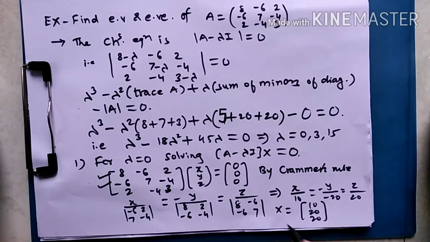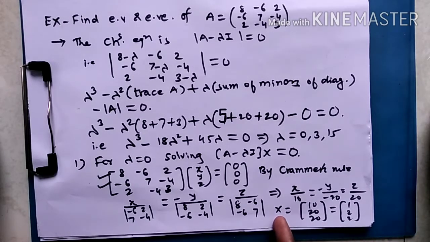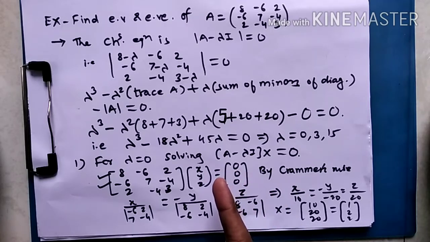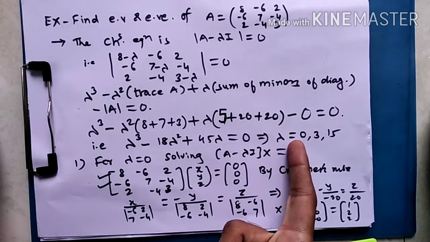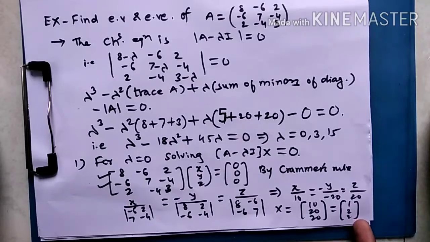If it is divisible by a common number, you can also do that. So dividing all values by 10 will give you 1, 2 and 2. This is because if X is an eigenvector of the given matrix, K into X is also its eigenvector. That's why we can divide it by a common number. So the eigenvector corresponding to the eigenvalue lambda equal to 0 is 1, 2 and 2.